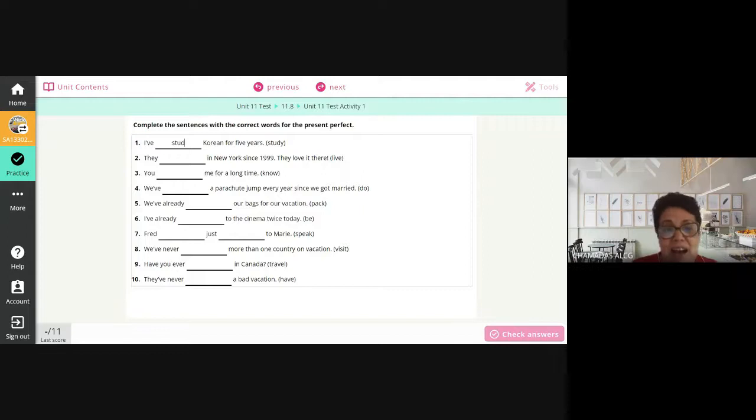Studied. Now, there is something important to notice. This verb ends in y, but before y, there is a consonant. So when it happens, I have to replace y and substitute for i.